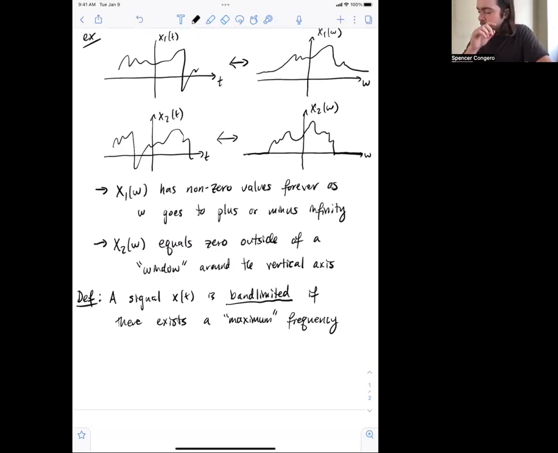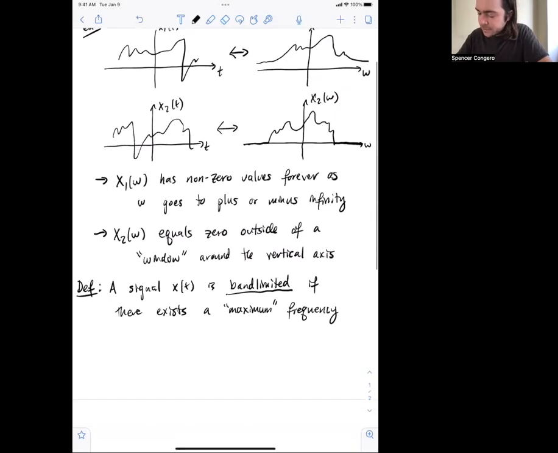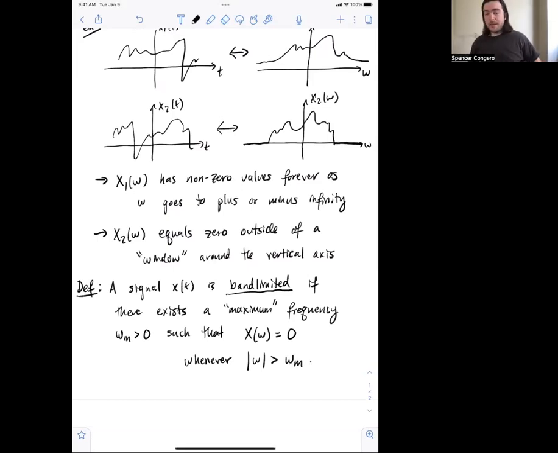So there exists a maximum frequency, which I'll call omega sub m, that's positive, such that the Fourier transform of x of omega equals zero whenever the absolute value of omega is greater than omega max. Okay, so at first glance, this might not seem to be saying exactly what I said before, but it actually is.